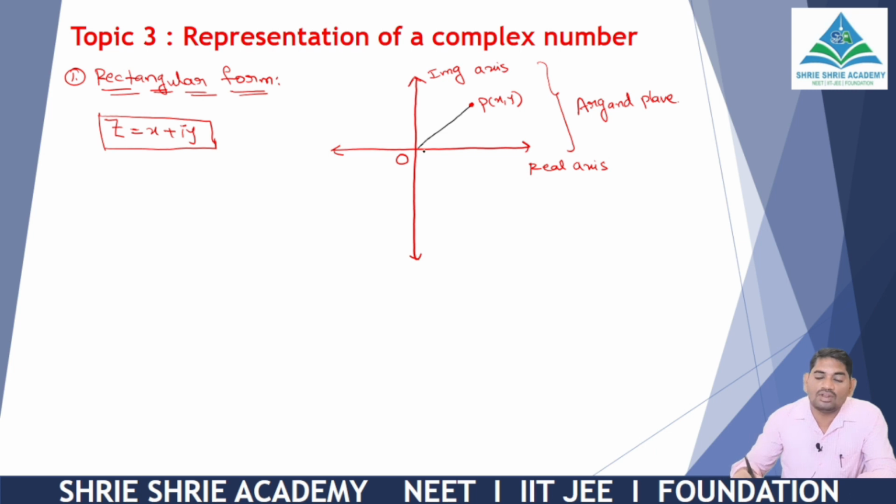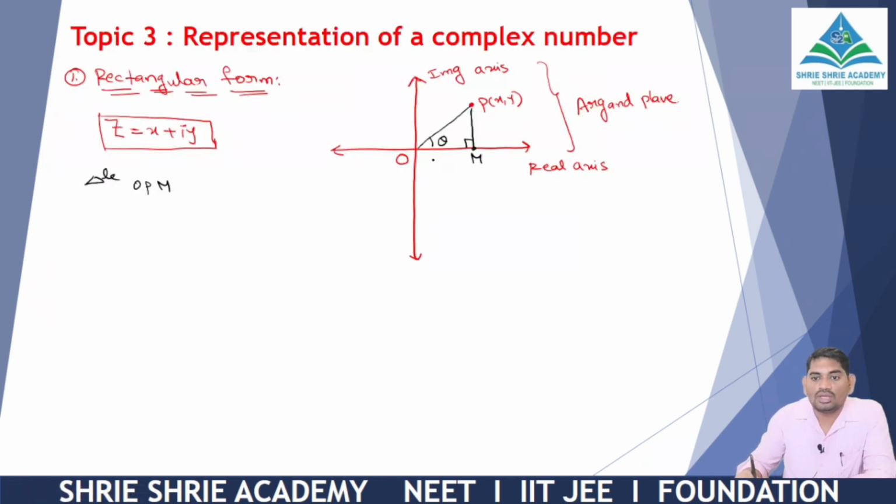This line will make some angle theta with the real axis. Then we can draw another line along the real axis, perpendicular to the real axis. Students, you can observe here this right angle triangle OPM.